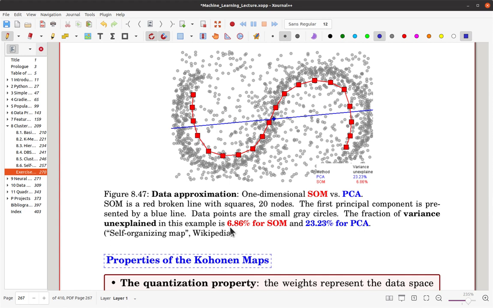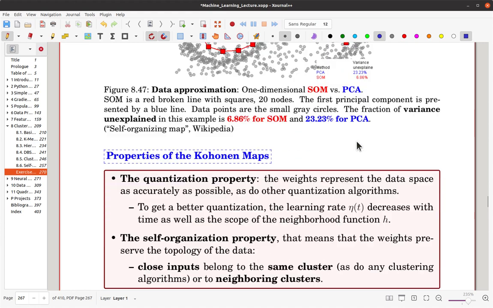So for this example, if you want to represent the data set, then rather than PCA, SOM is better.